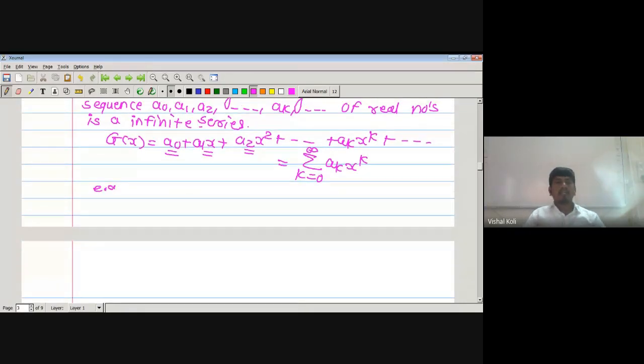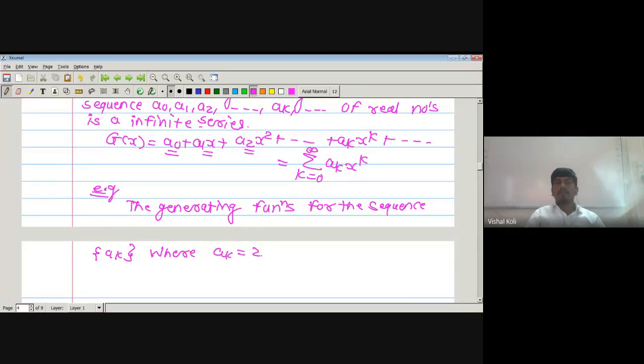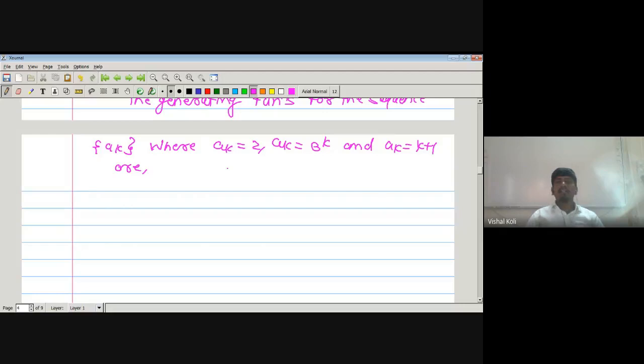For example, the generating functions for the sequence ak, where ak equal to 2, ak equal to 3 to the power k, and ak equal to k plus 1, are nothing but... So here it is given that the general term of the sequence is ak, that is ak equal to 2, ak equal to 3 raised to k, or ak equal to k plus 1, and we have to find out its corresponding generating function, that is g of x.